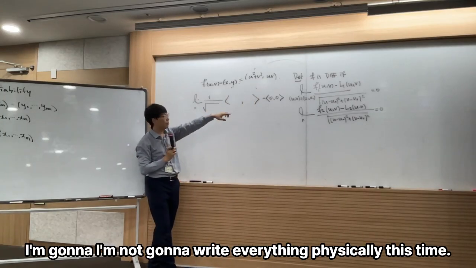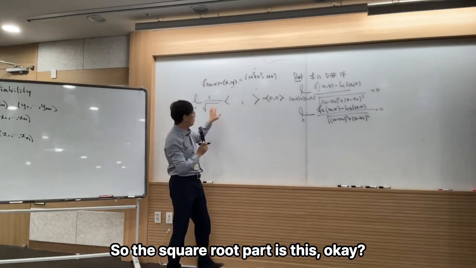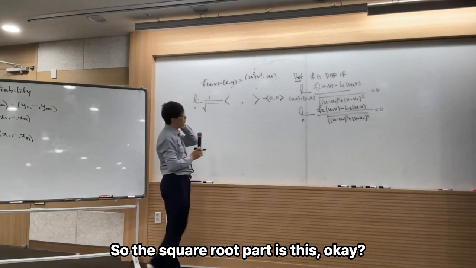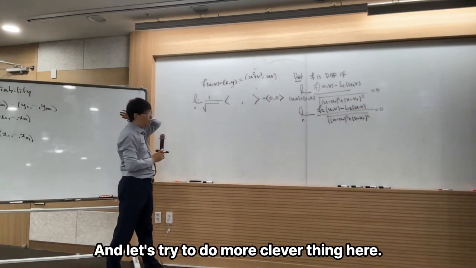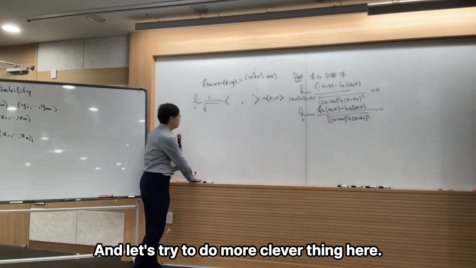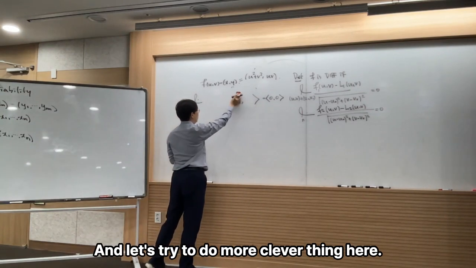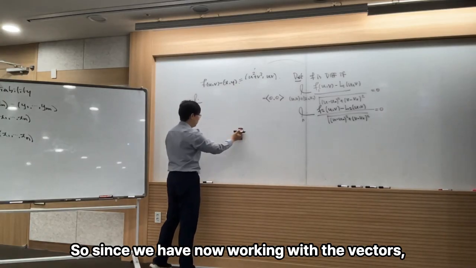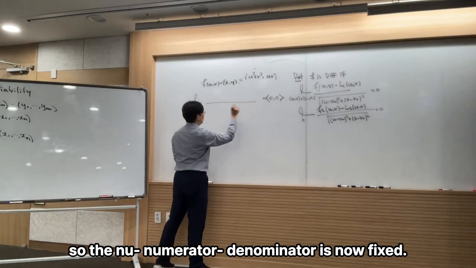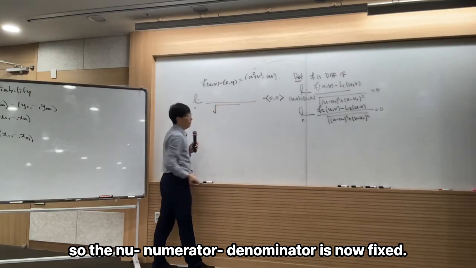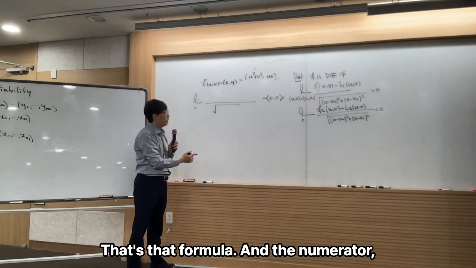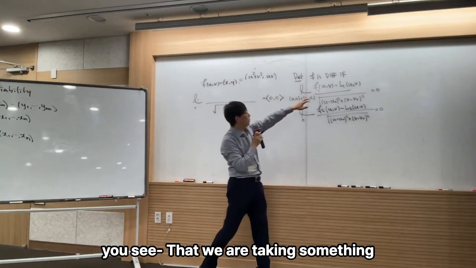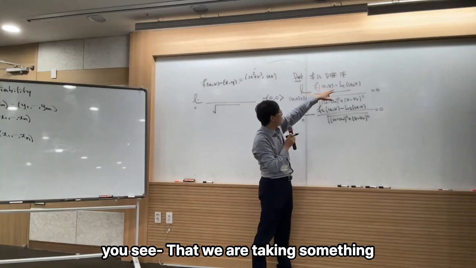I'm not going to write everything this time. So the square root part is this. Let's try to do something more clever here. Since we are now working with vectors, the denominator is fixed. That's that formula. And for the numerator, you see that we are taking something out of something.